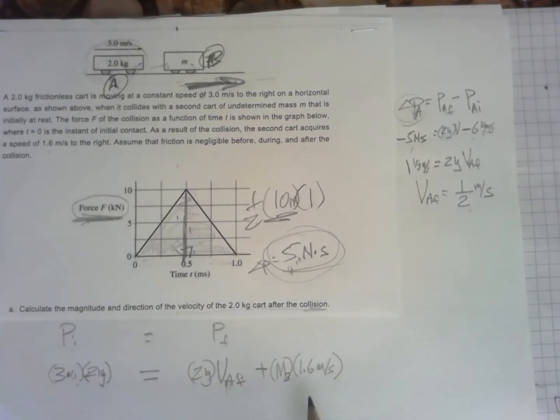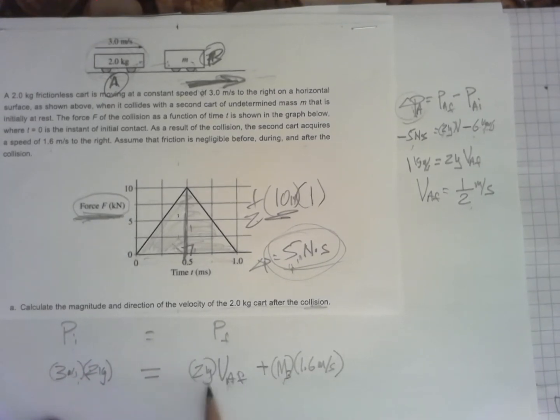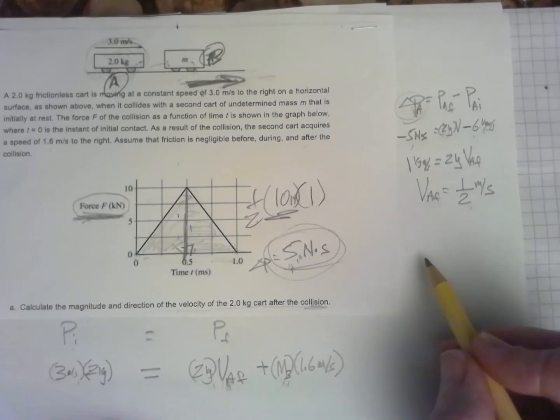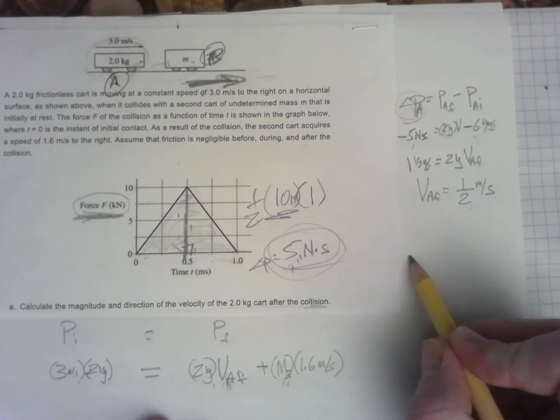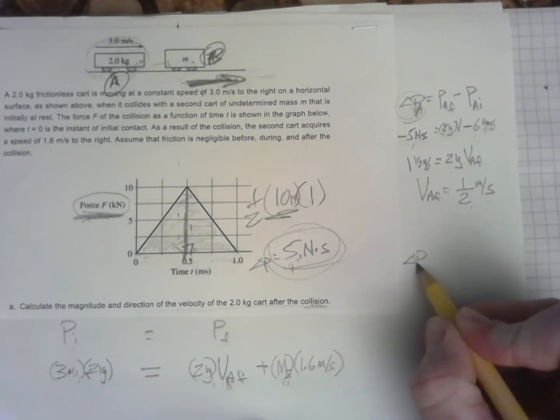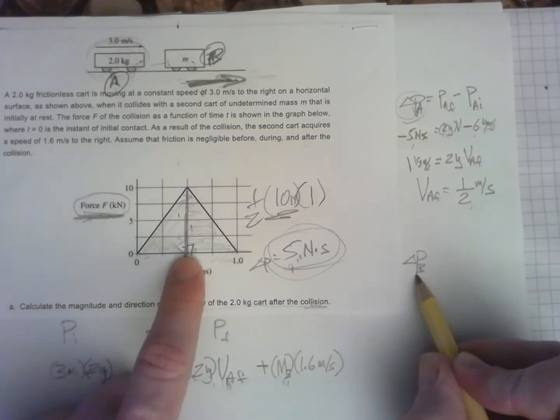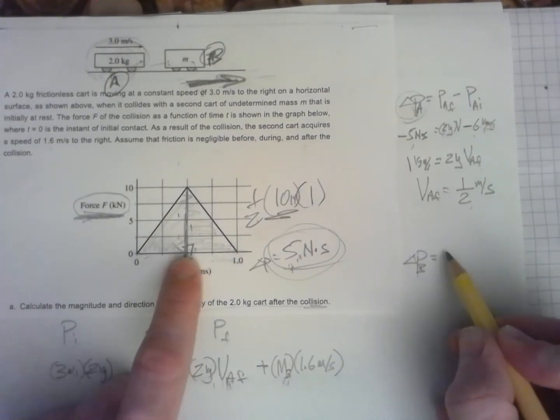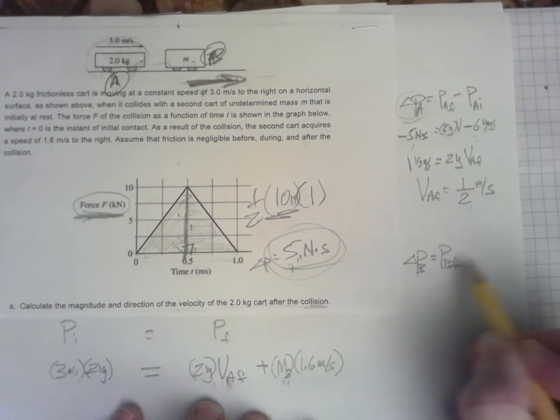Now, if I wanted, I can come over here and I could find a couple different ways. I could find the mass. I could just plug it in here and I could find this mass. Let's see what we would do about this. I could also say that the change in momentum for B, which would be the same as it is for A, is equal to B's final momentum minus B's initial momentum.